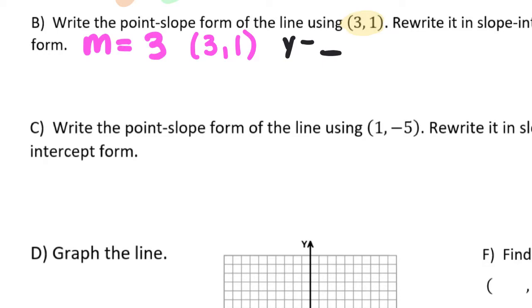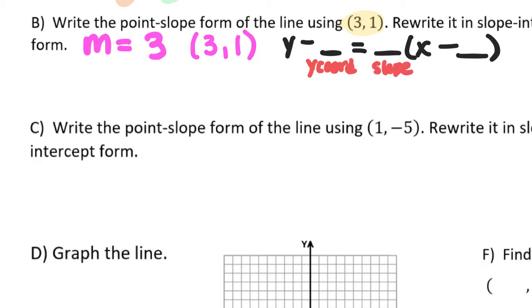is y minus the blank equals the blank times x minus the blank, where we fill in, this is the y coordinate, the slope, and the x coordinate. So if I'm going to fill in, I first need to identify the y coordinate of the point, which is 1. So I can fill in a 1 right here.